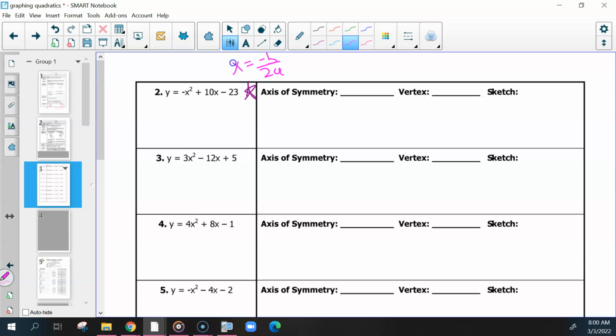Our b value here is 10, so this would be x equals negative 10 over 2 times our a value, which here is negative 1, so make sure you put in a negative 1. This would be negative 10 over negative 2, or x equals positive 5.